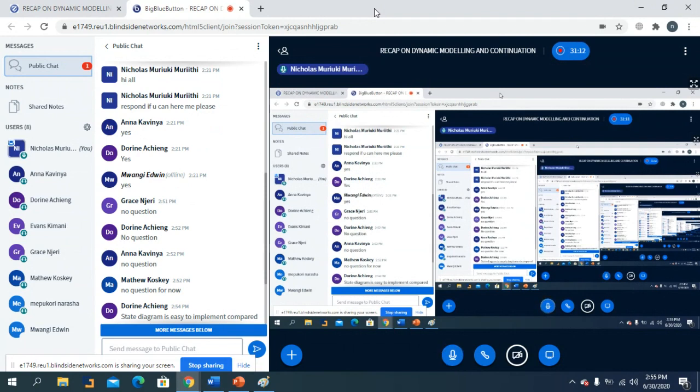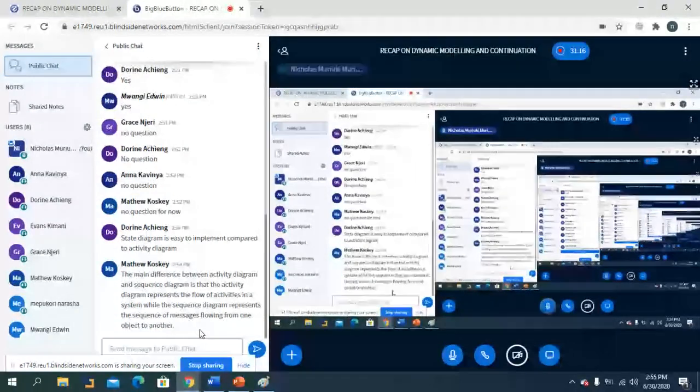State diagram is easy to implement. Compared to activity diagram, the main difference between activity diagram and sequence diagram is that the activity diagram represents the flow of activities, or the sequence diagram represents the sequence of messages flowing from one object to another.